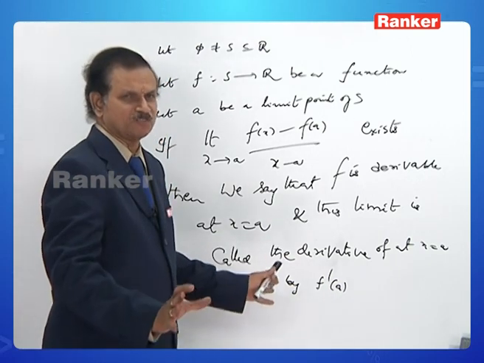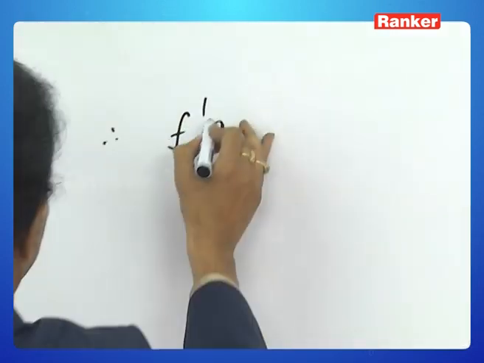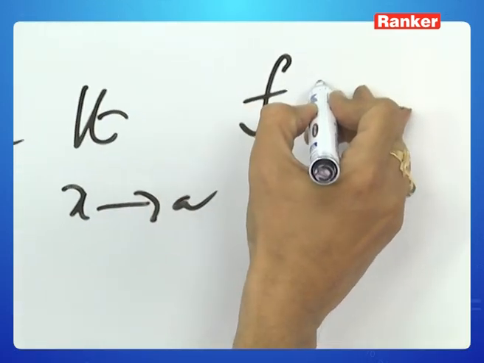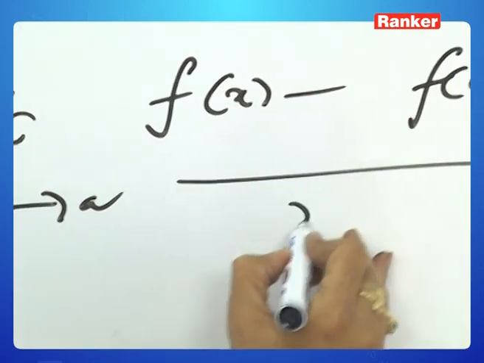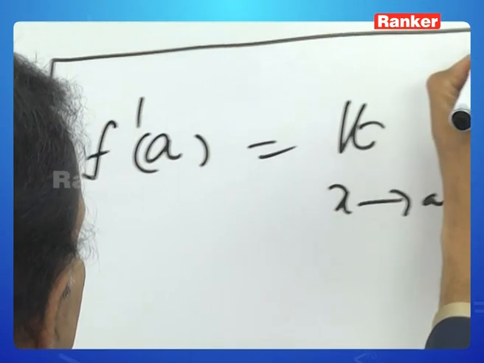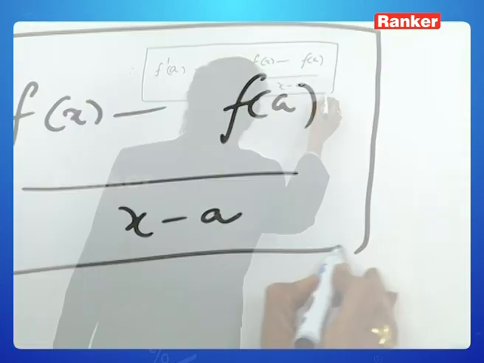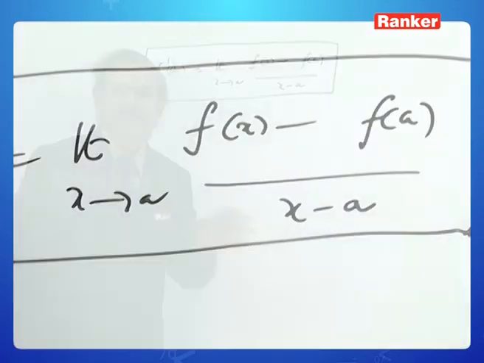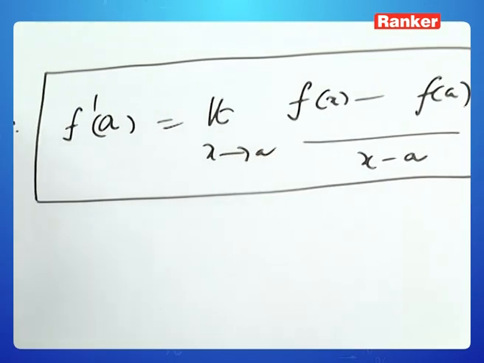Let us be very brief in this expression. f is derivable at x is equal to A. To mean that, we must seek the existence of this limit.